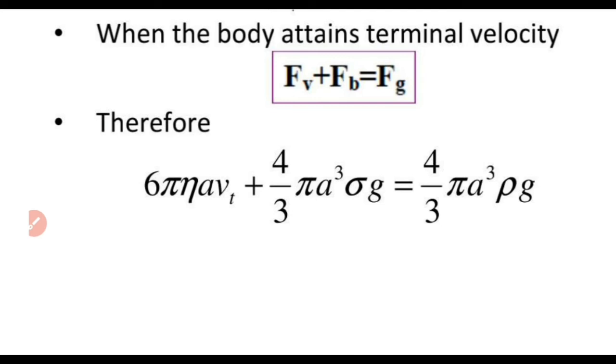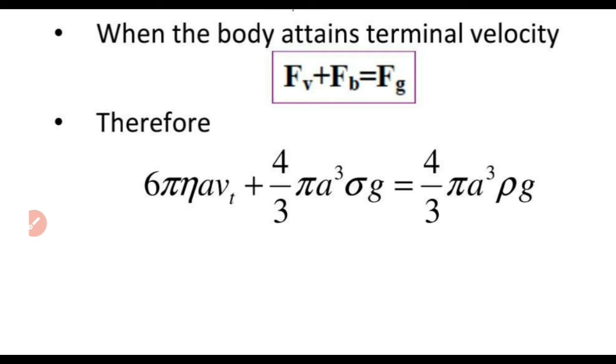So we can write it in the form of an equation: Fg equal to Fb plus Fv. That means gravitational force is equal to the sum of buoyant force and viscous force. Now we need to write the expressions for gravitational force, buoyant force and viscous force. You know, for viscous force our expression is 6 pi eta AV.